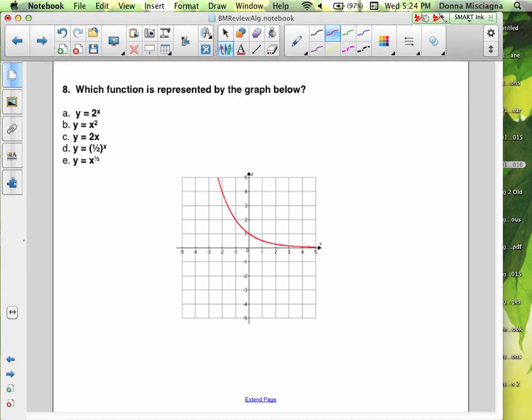This is definitely an exponential function. It is not polynomial. It is not one of the shapes we would have for a polynomial function, certainly not linear. And now, is this growth or decay? Well, it's decreasing. It's going down. So this is exponential decay.